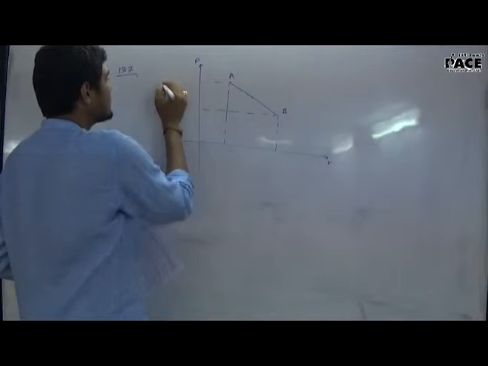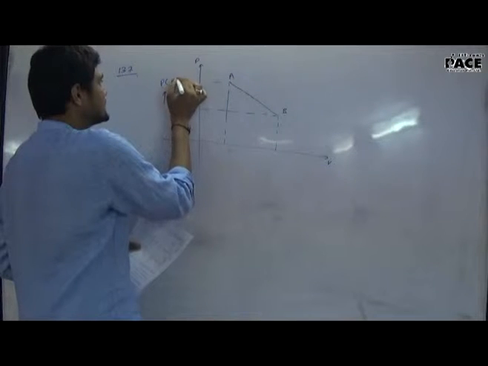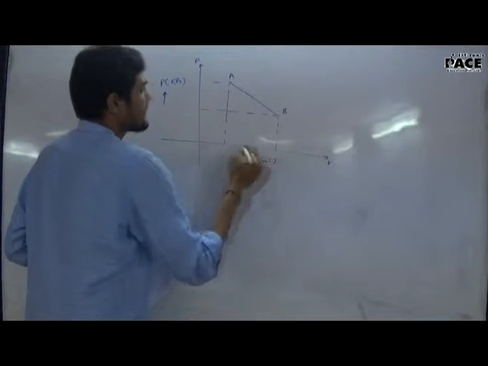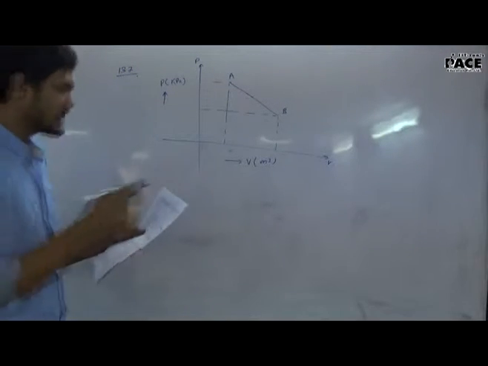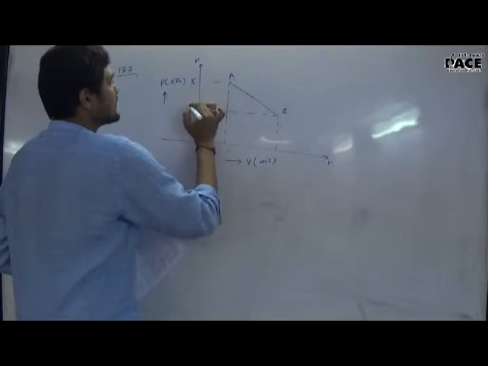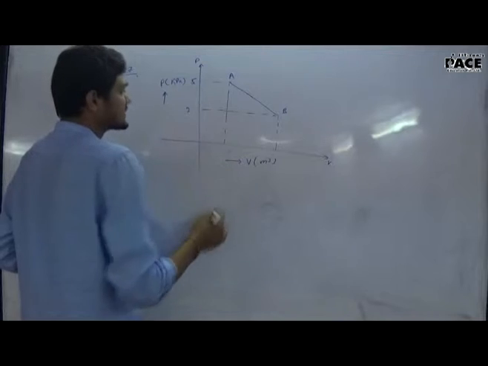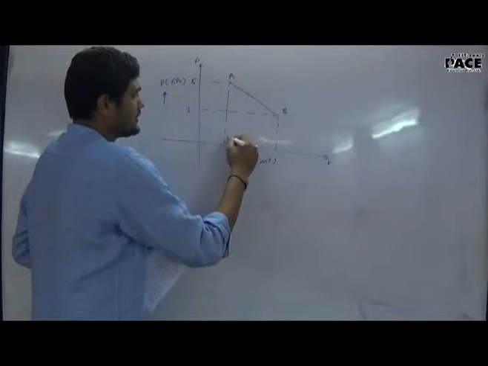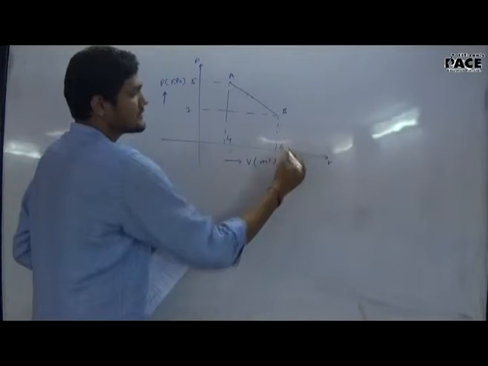The unit of pressure is kilopascals and the unit of volume is meter cube. The pressure at A is 5 kilopascals, at B it's 2 kilopascals, and the volume at A is 4 meter cube and the volume at B is 6 meter cube.